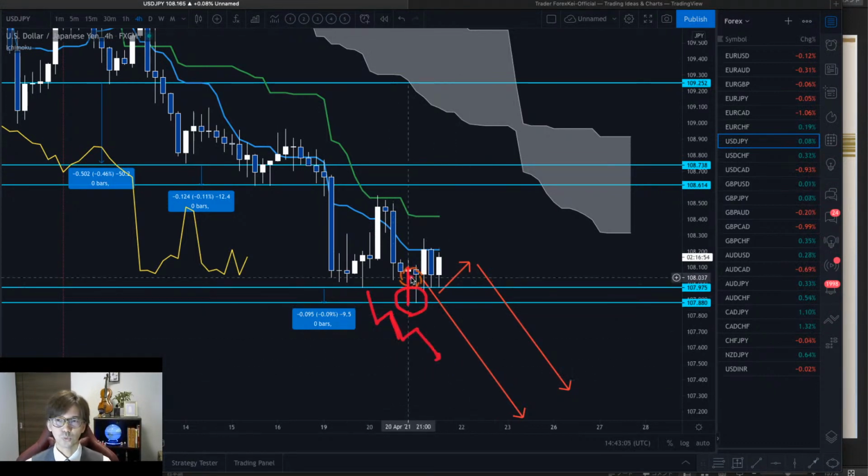But if this wick shows that there was a spike up and down in the 5, then of course it might become a fake breakout. So that's one of the ways to identify whether this is going to be a fake breakout or not. And this is what I usually watch at the time of breakout in higher time frames.